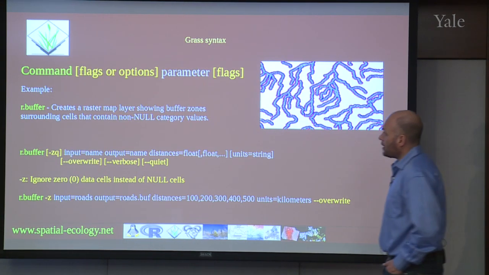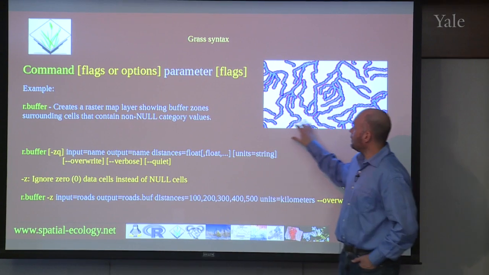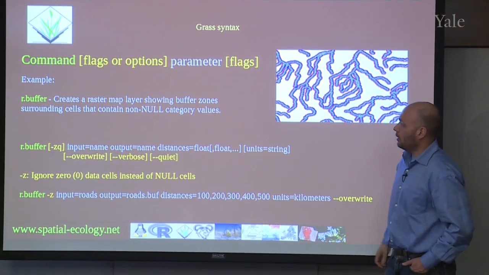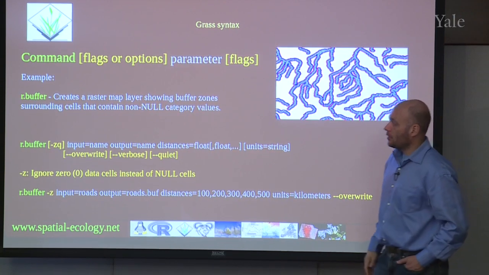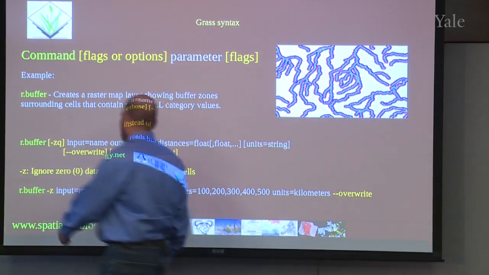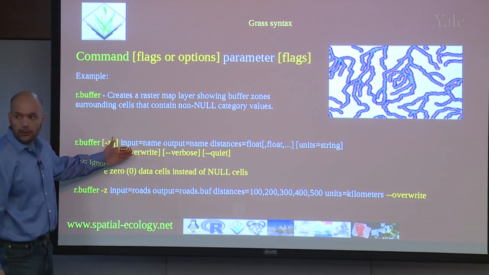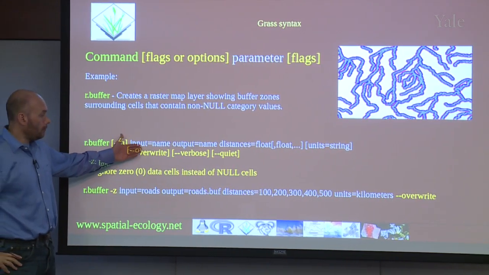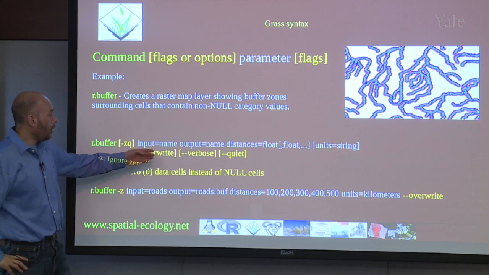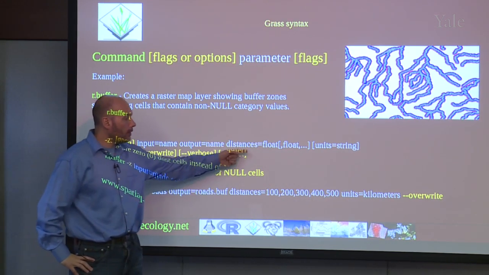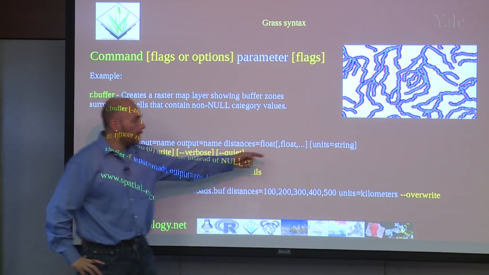If you want to, for example, create a buffer around a road network, a typical GIS operation, the command is going to be r.buffer. You will have your input name, like your road. You are going to have the output name, the distance, every 1, 2, 3 kilometers, and the unit.